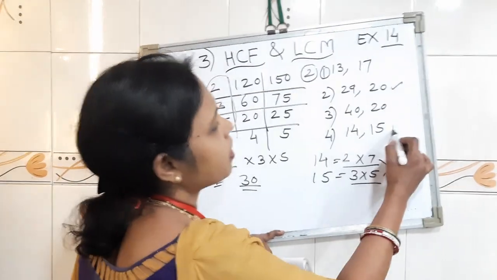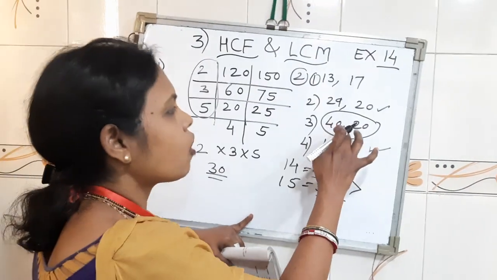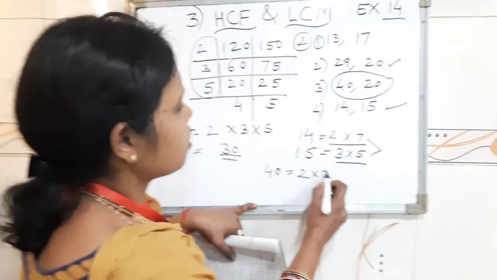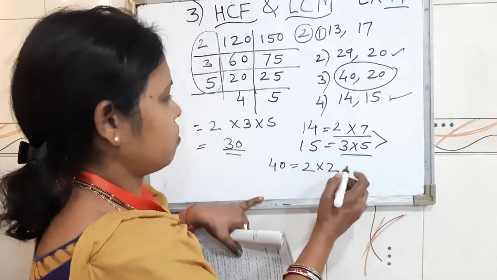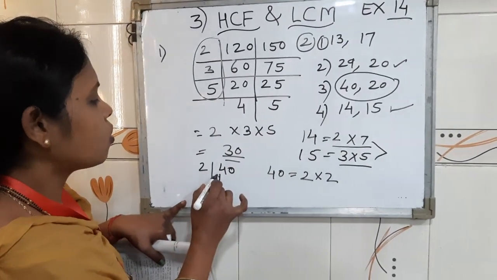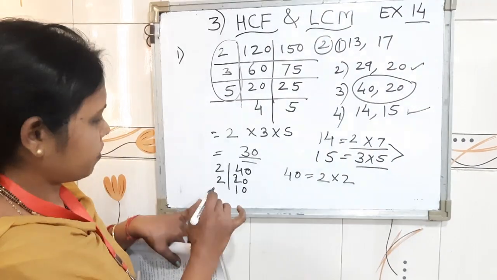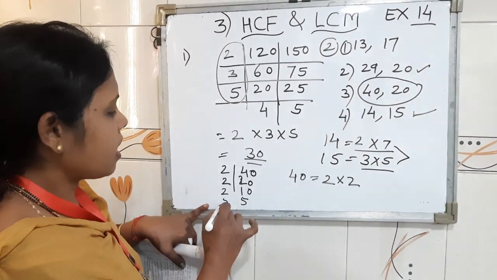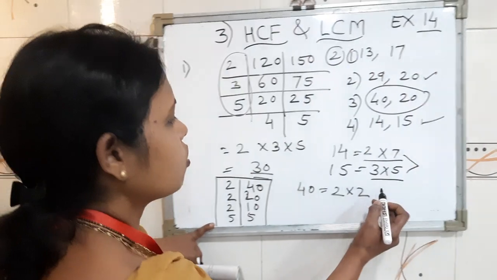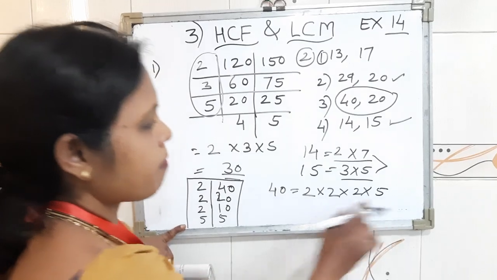Now one pair remains, that is 40 and 20. So children, for 40, let us find the factors. 2 twos are 4, 2 ones are 2, 2 zeros are 0, 2 fives are 10, and 5 ones are 5. Means for 40 we got the factors 2 into 2 into 2, three times, multiplied by 5.